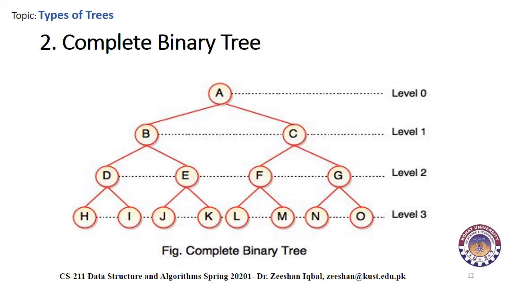The total number of nodes in a complete binary tree with depth d is 2 power (d+1) minus 1, where leaf nodes are at 2 power d while non-leaves are at 2 power d minus 1. As we can see in the figure, all internal nodes are at levels 0, 1 and 2, while external nodes are at the same level, meaning level number 3.